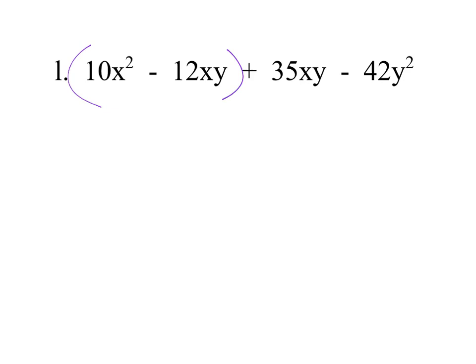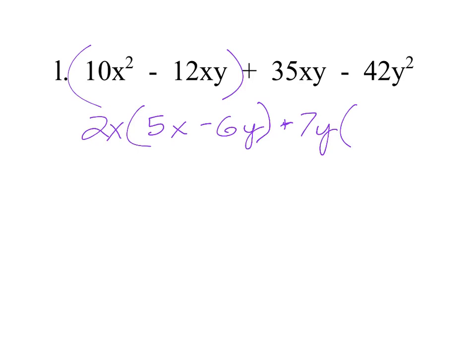Now, they both have a 2 and an x. So this is 5x minus 6y. Now, I can pull out a 7 and a y.